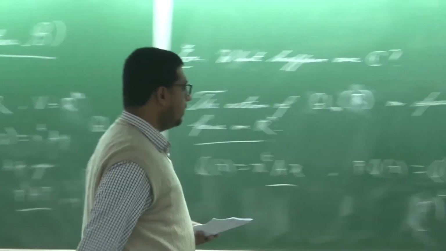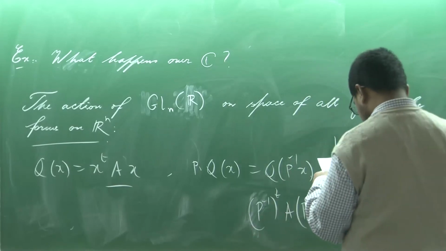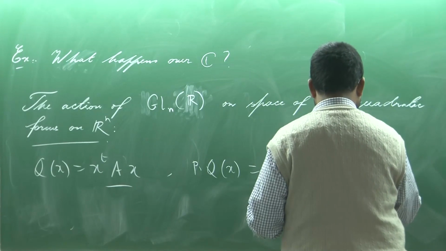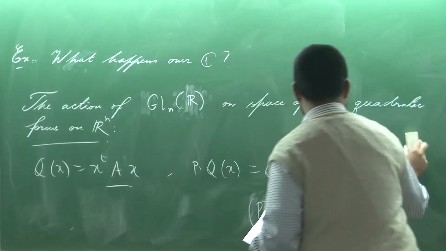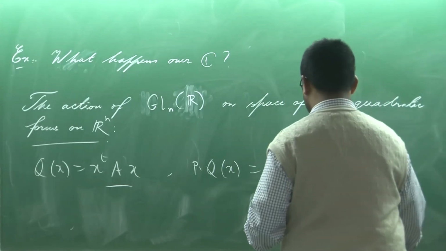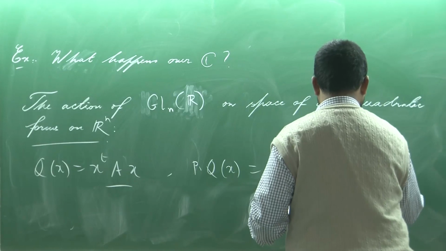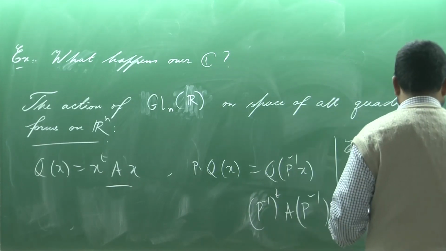So analogous things should hold here. Hence, I would like to leave as an exercise: find all the orbits, find the number of orbits on the space of quadratic forms.